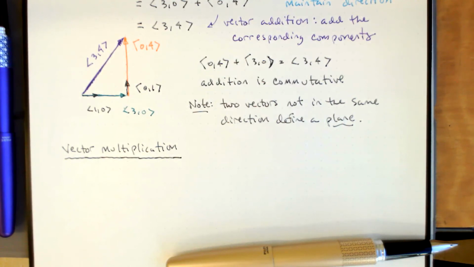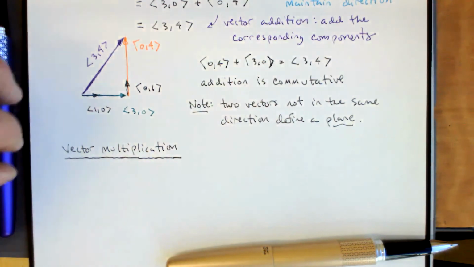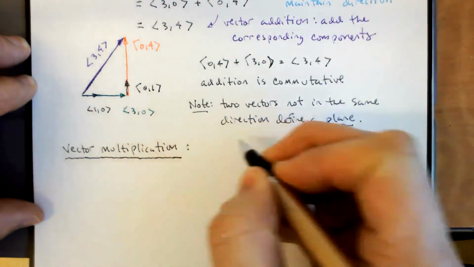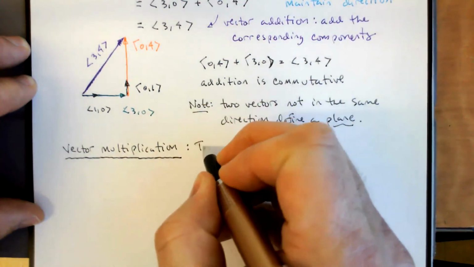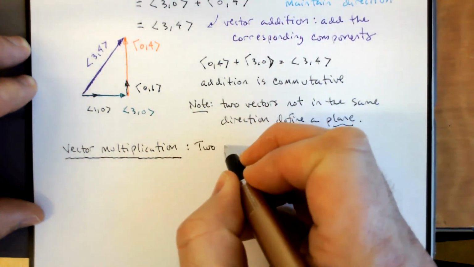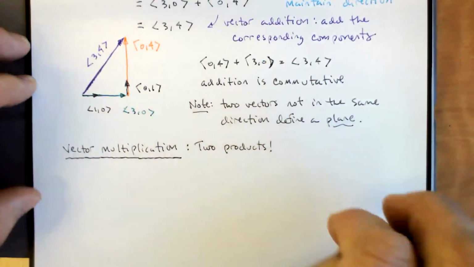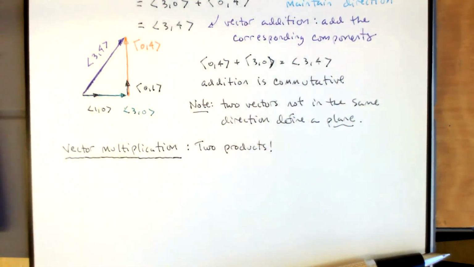So we've got two kinds of vector multiplication: there's a scalar product and a vector product. Each one will have a different operation. Each one will tell us a different thing about those vectors.